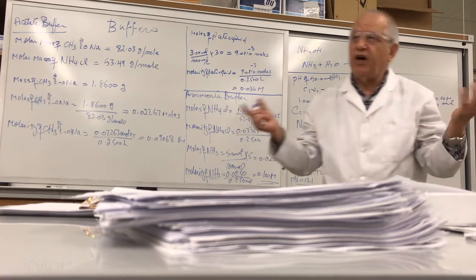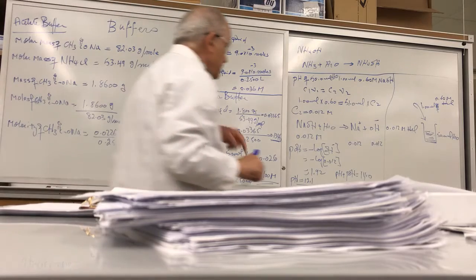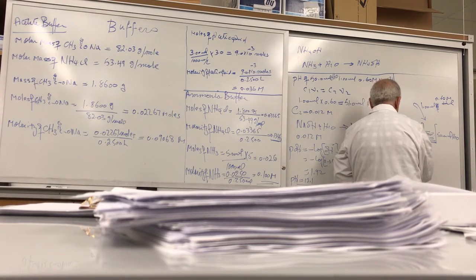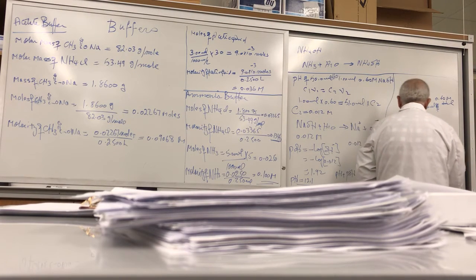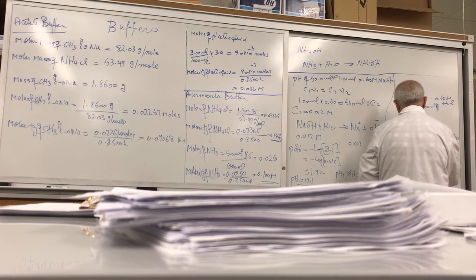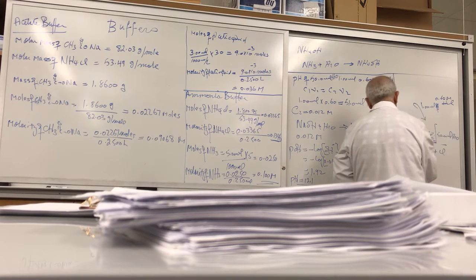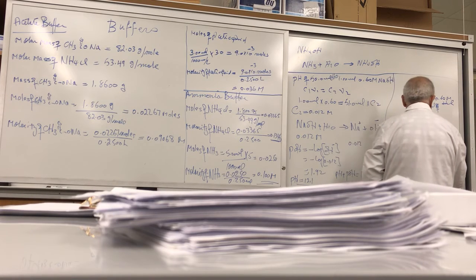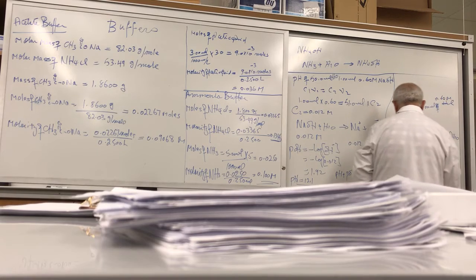Because the same volume, same concentration, everything is the same. Now the only difference is the pH calculation. So you have HCl plus water goes to hydronium ion plus chloride ion, and this is 0.012 molar, giving you 0.012 molar hydronium.